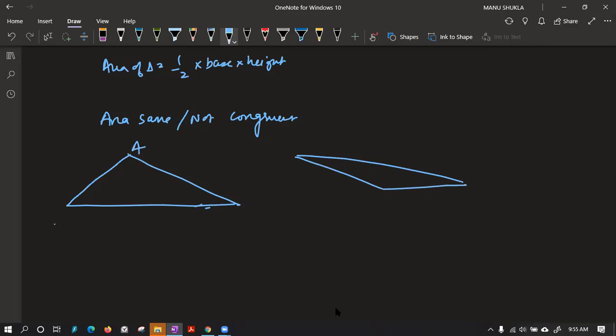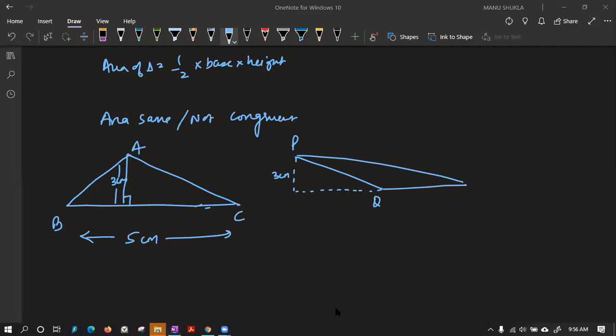Suppose this is ABC. This is the altitude. This is 5 centimeters. This is 3 centimeters. And in this case, here the height is outside. This is 3 centimeter. And this is your triangle PQR.